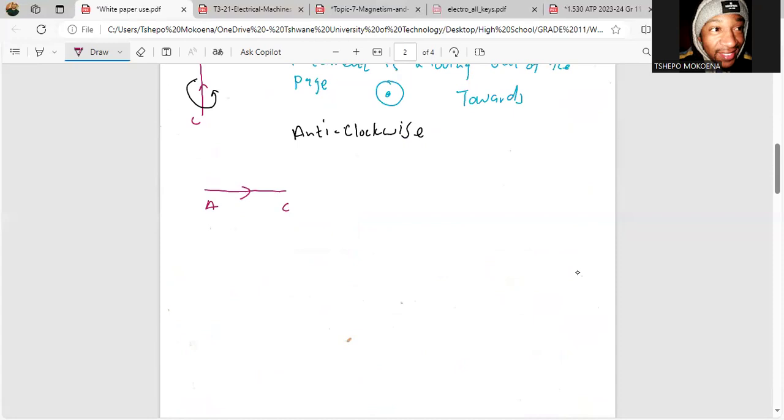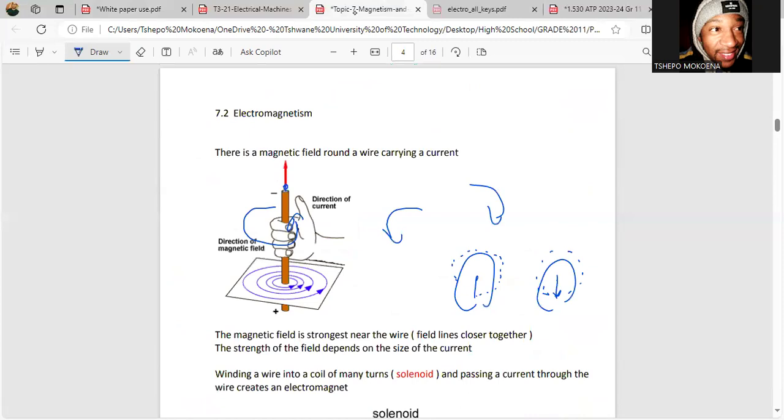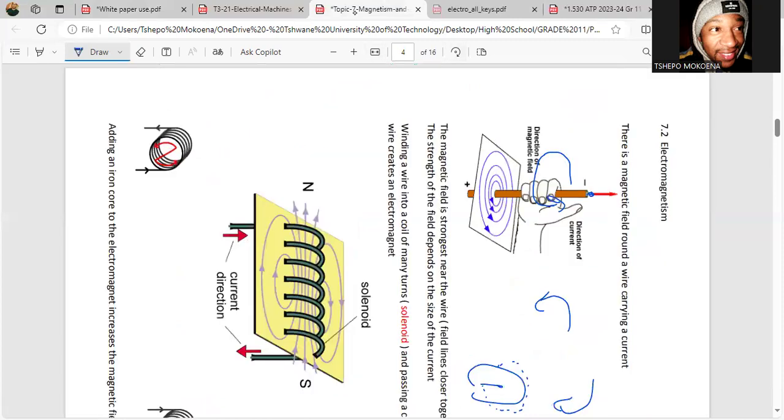You still use your right hand, but this is how you're going to point your finger, because it's moving from A to C. Twist that hand.